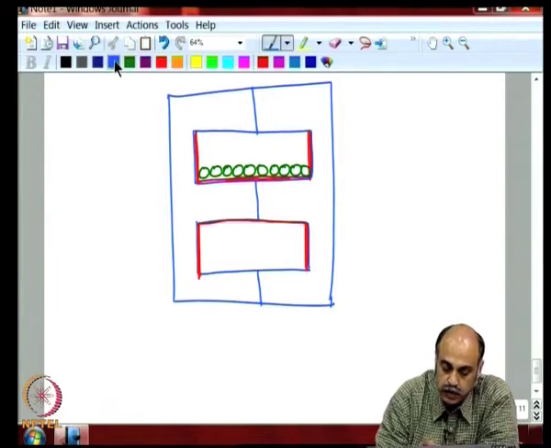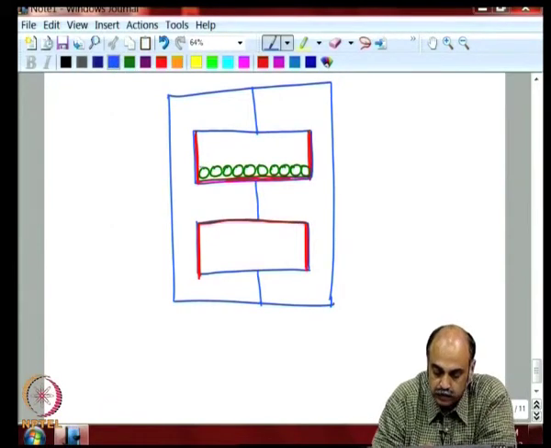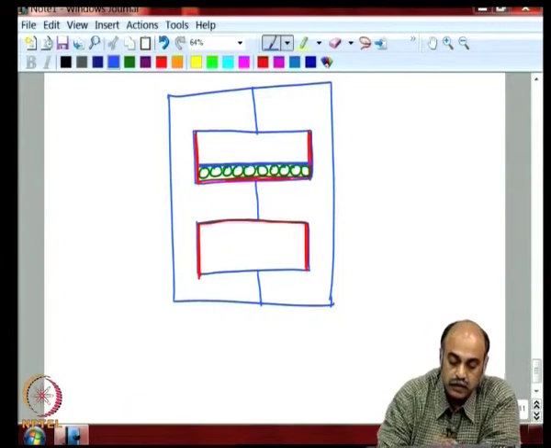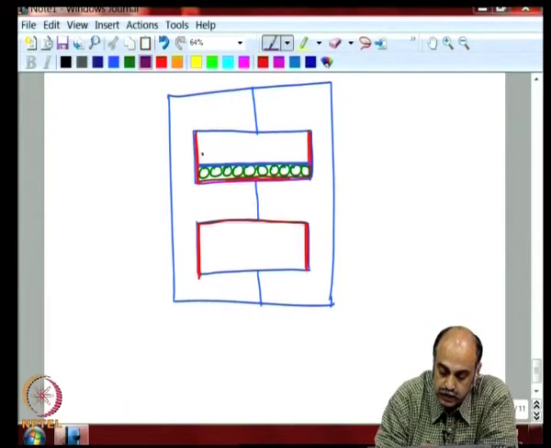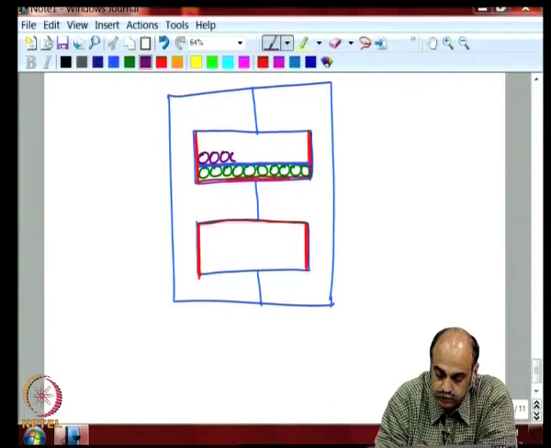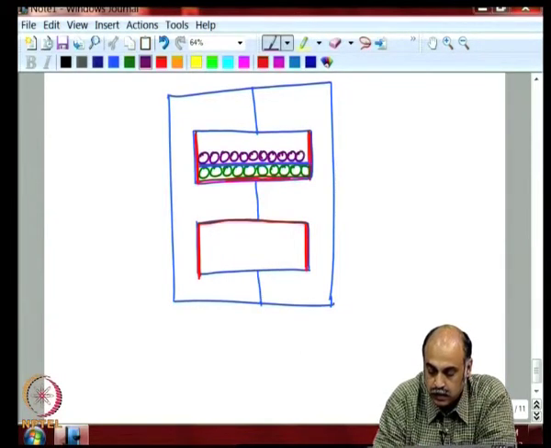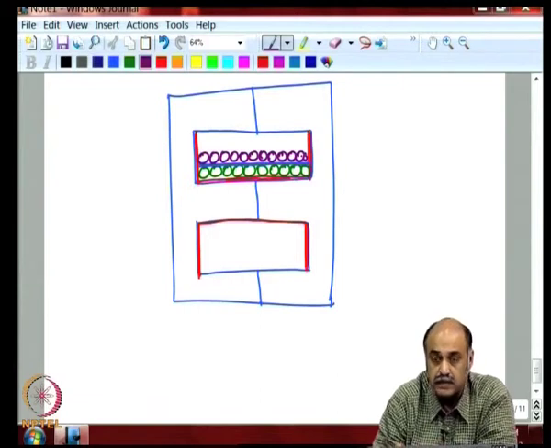And then you would have a layer of insulation, and then on top of that you have secondary windings, let us say, NS.